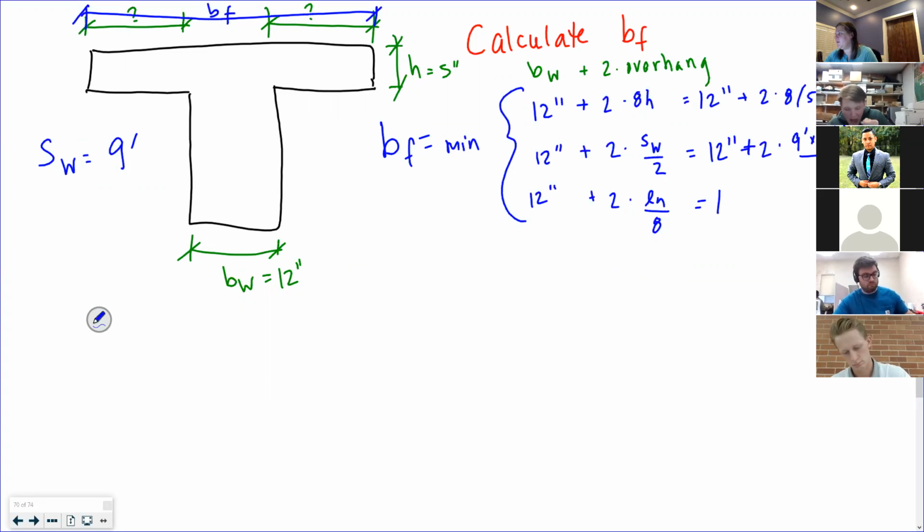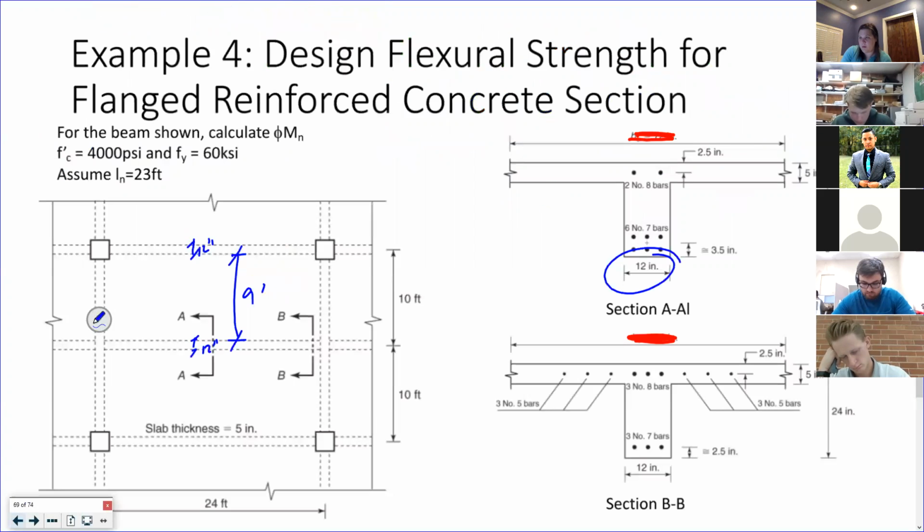And then my next is 12 inches plus 2 times the clear span of the beam. I said 23 feet. If center to center of the girders is 24 feet, which is what it says right there, I'm going to assume that those girders are also 12 inches. I said assume it up there.